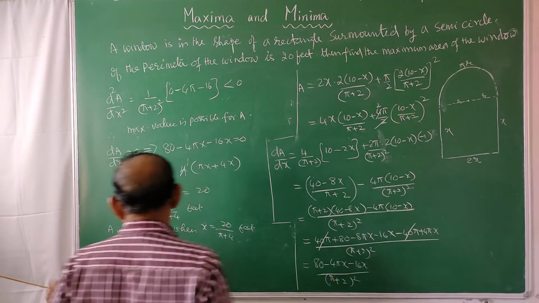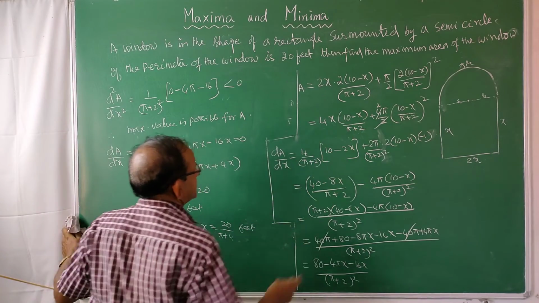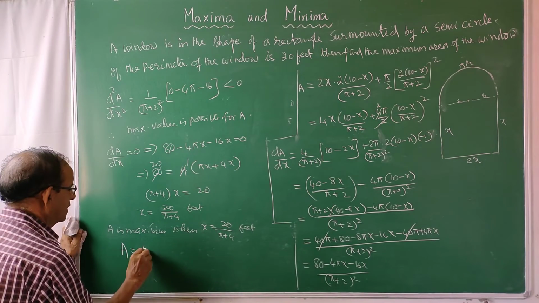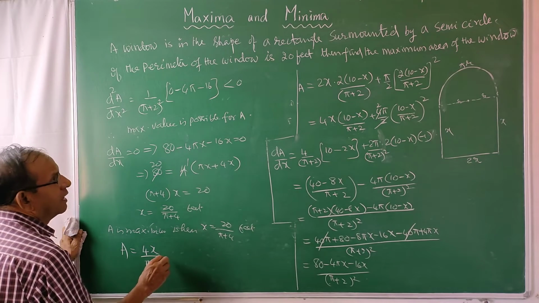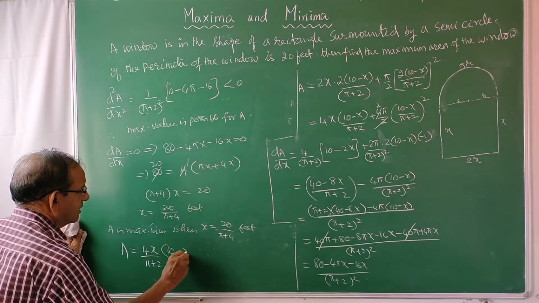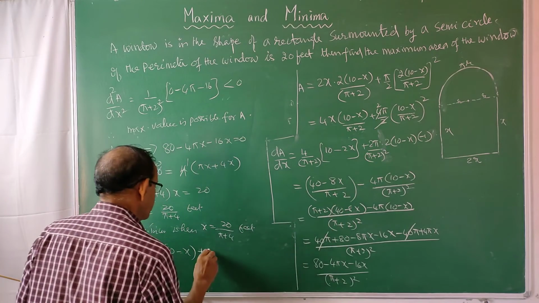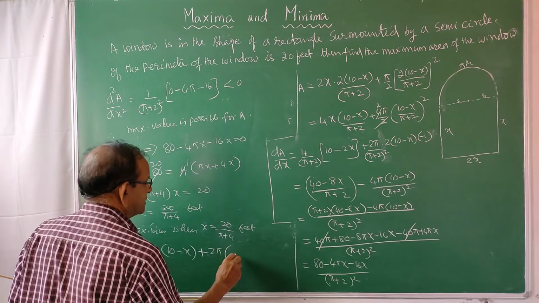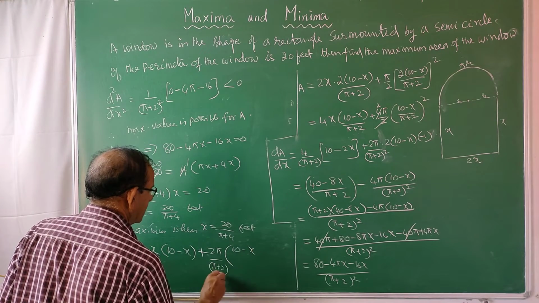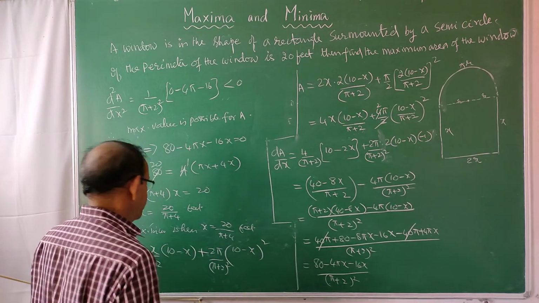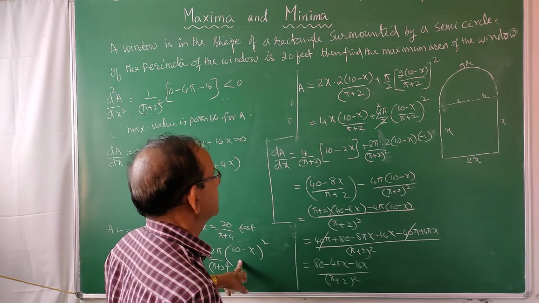So A is equal to 4x by pi plus 2 into 10 minus x, plus 2 pi into 10 minus x by, this is pi plus 2 whole square, 10 minus x whole square, 2 pi by pi plus 2 whole square into 10 minus x whole square.